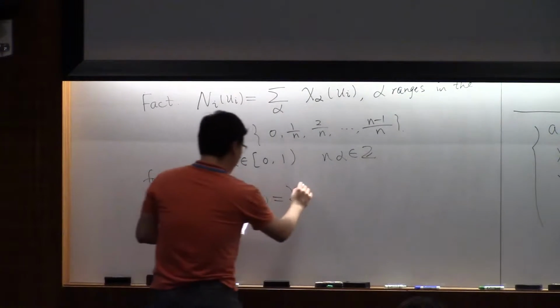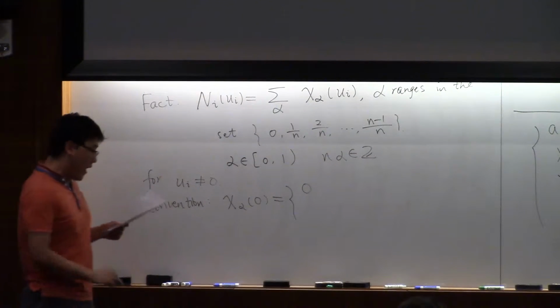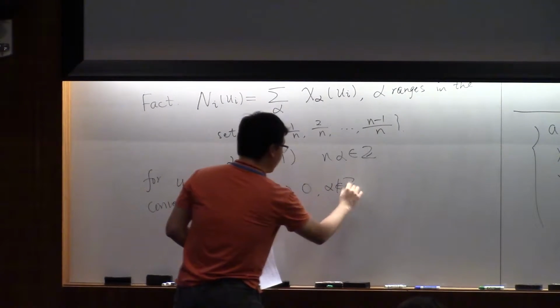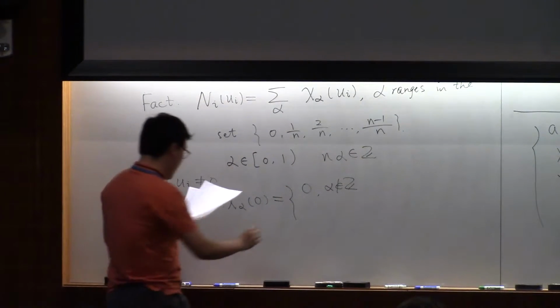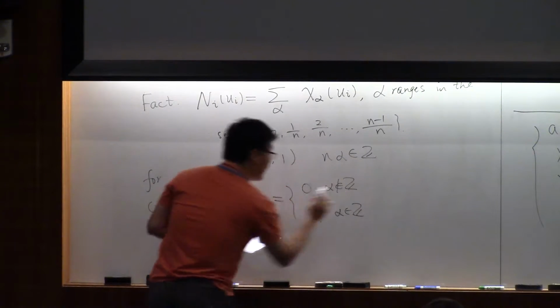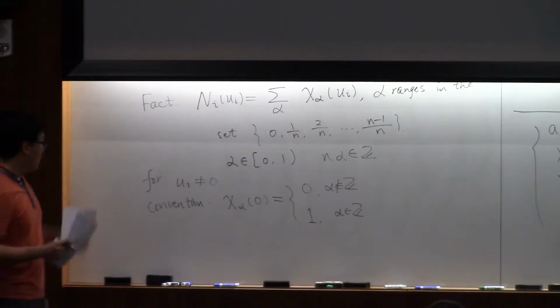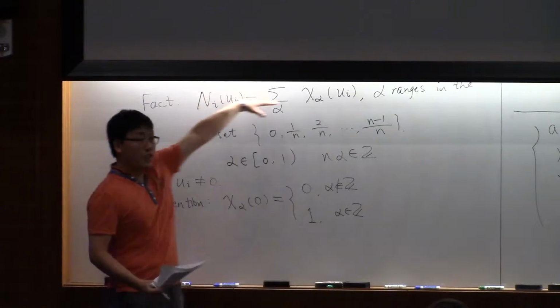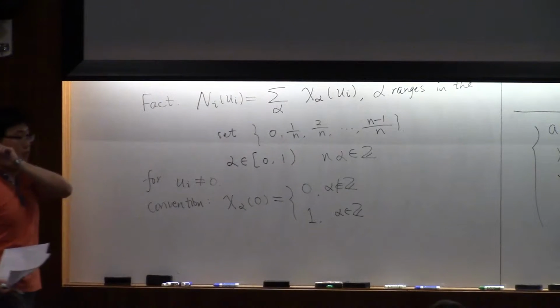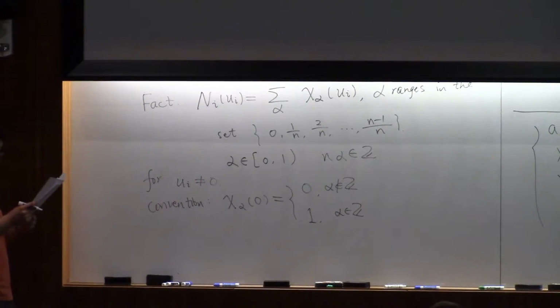So I require that its value at 0 is 0 if alpha is not an integer, and I define it to be 1 if alpha is an integer. Then under this convention, this equality is also true for ui equal to 0. Okay?